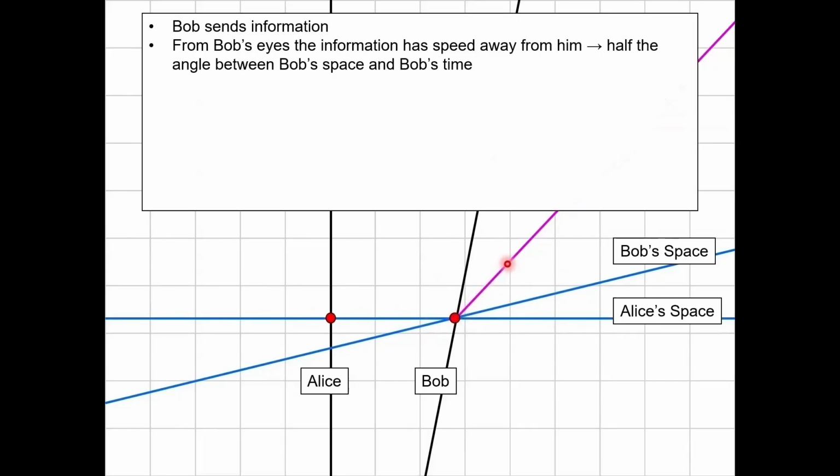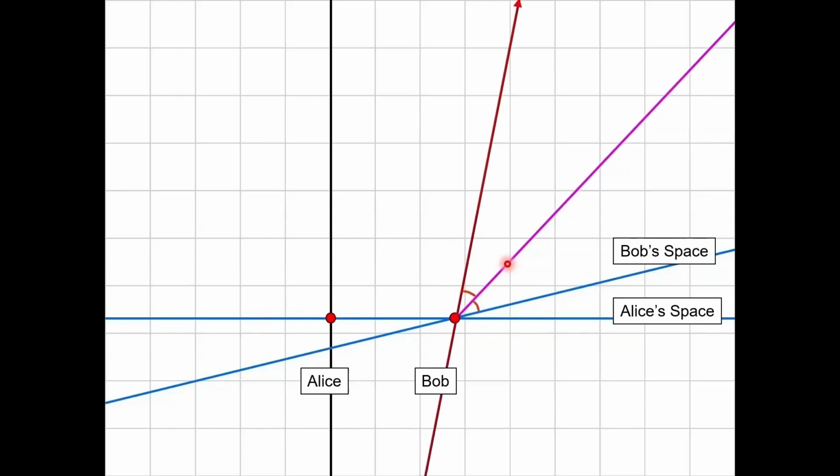Now from Bob's eyes, the information has speed away from him, and as we mentioned, it's the half angle between Bob's space and Bob's time. So again, there is an angle between Bob's world line and the information track, and it's the half of the angle between Bob's time and Bob's space.